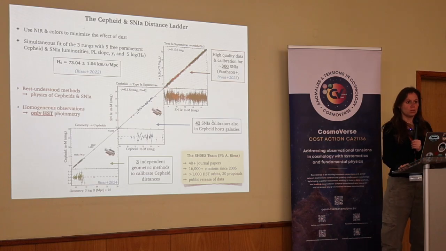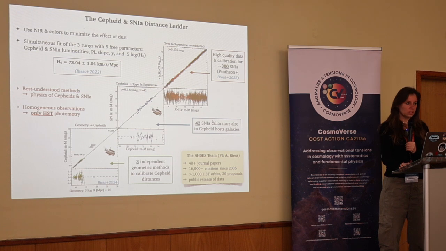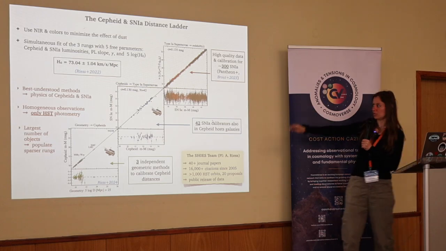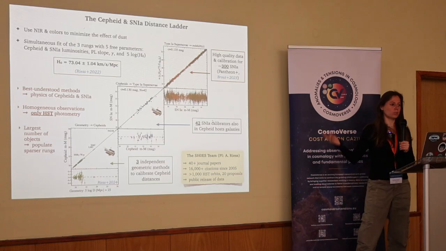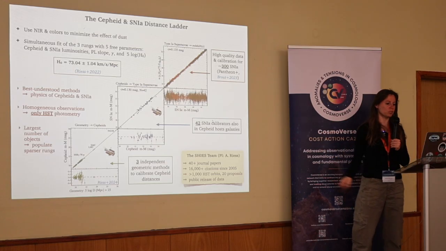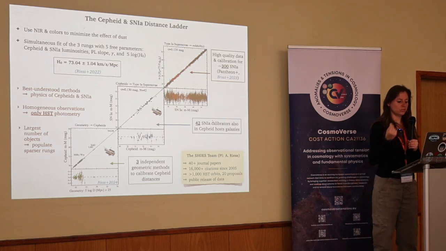Again, we have used homogeneous observations with the same telescope. Again, this is very important. And also, we have worked hard over the last 10 years to really populate these 3 rungs with a lot more objects, adding more anchor galaxies, adding more supernovae hosts to really make this distance ladder more robust.